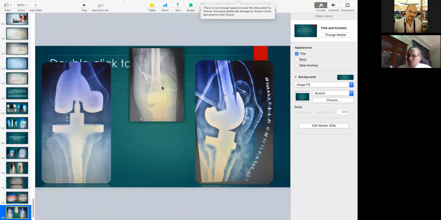Two-stage reimplantation: we apply a mobile spacer, new knee, poly, and bone cement. And there is a honeymoon period of 2 to 3 months, according to the culture.